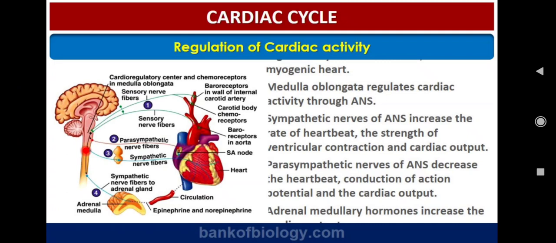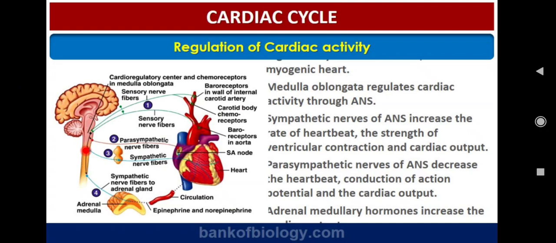The sympathetic and parasympathetic nerves are in the autonomic nervous system. You might have heard about parasympathetic and sympathetic nerves. Later classes we are going to deal with this topic. The sympathetic nerve, a constituent of the ANS, increases the rate of heartbeat, the strength of ventricular contraction, and cardiac output.